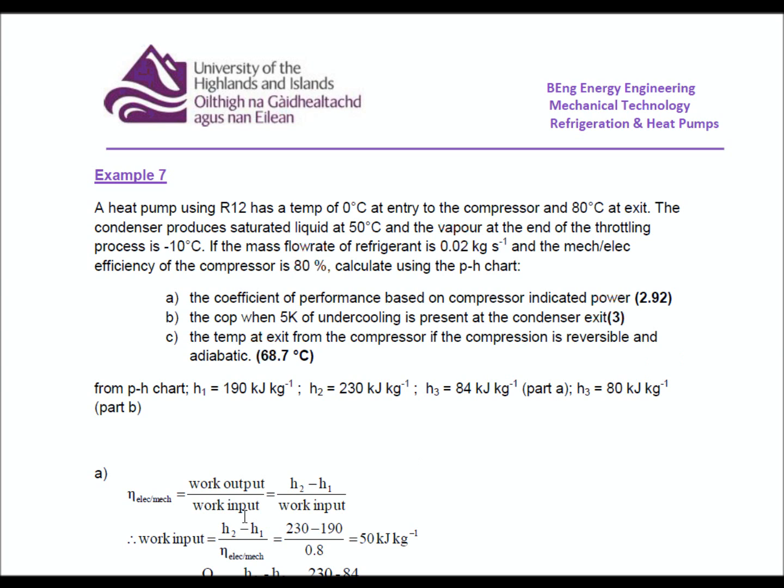If we apply the equation for the electrical mechanical efficiency of the compressor, we get work output over work input. If we transpose that for our work input, using the mechanical electrical efficiency of 80% or 0.8, we get our work input of 50 kilojoules per kilogram.